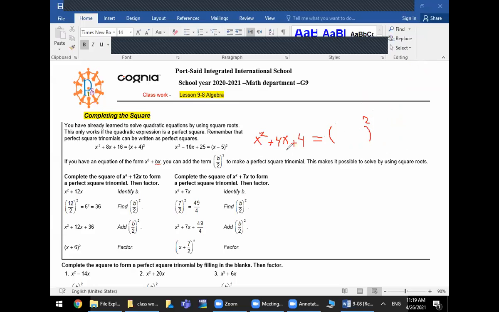So what we have to do, you have now a trinomial, and take care that the coefficient for x to the power of 2 should be equal 1. So how will we use factorization to change this trinomial into a perfect square? If there is anyone who can remind me how we can make it?